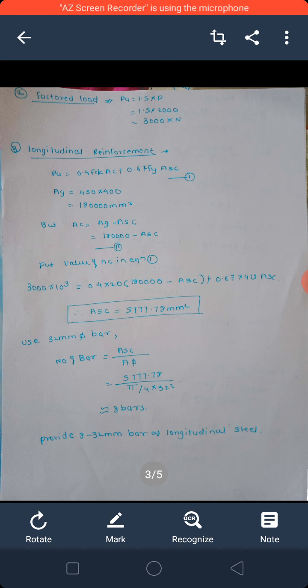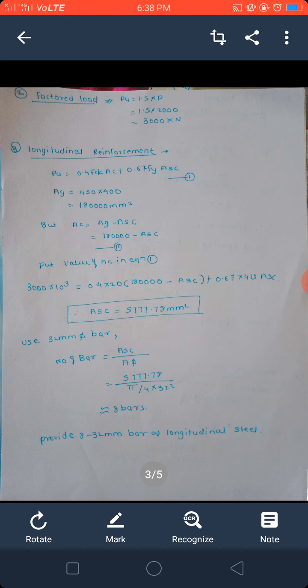Next step is to find the longitudinal reinforcement. As per IS 456-2000, clause number 39.3, longitudinal reinforcement is given by Pu equals 0.4 fck Ac plus 0.67 fy times Asc. We have the value of Ag.